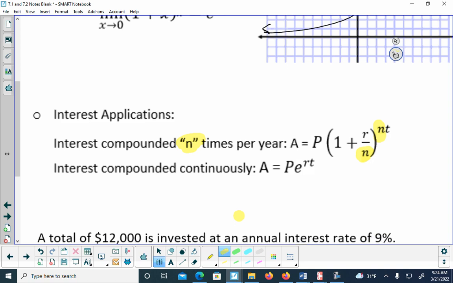That's when I tell you that I'm compounding annually, semi-annually, quarterly, monthly, weekly, whatever that happens to be. If I want a more accurate estimate, like compounding continuously, that's where the e comes in. So I'm not going to use the formula above, I'm going to use this formula that involves e.